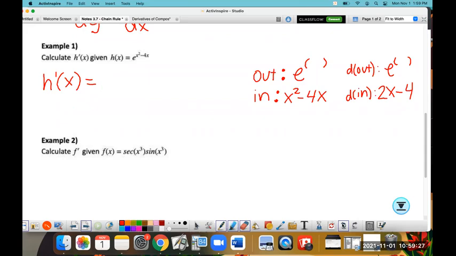E to the power of x squared minus 4x times 2x minus 4. Almost, I like that. There's one technicality that you're missing. Is it e to the x times 2x minus 4? Jackson. Parentheses, specifically around the 2x minus 4.